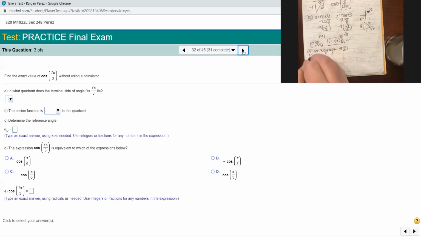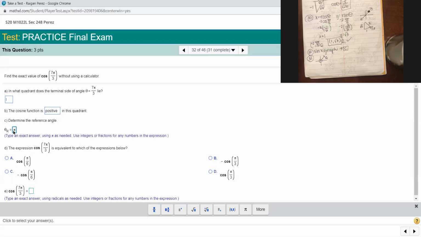All right, 32. We're looking for 7 pi over 3. So where is 7 pi over 3? We go 3, 6, one more, 7. It's in quadrant 1, and everything is positive in quadrant 1. Your reference angle is just pi over 3.